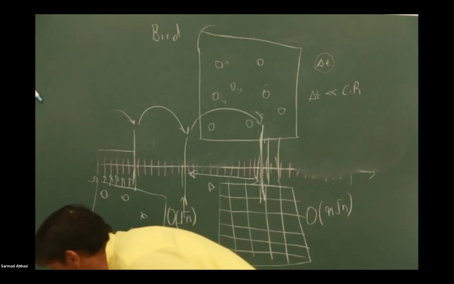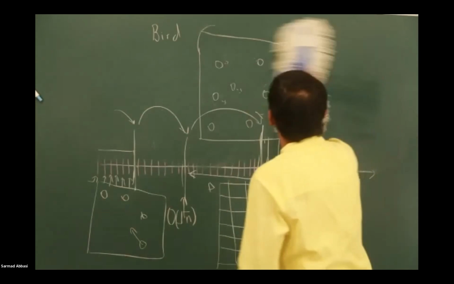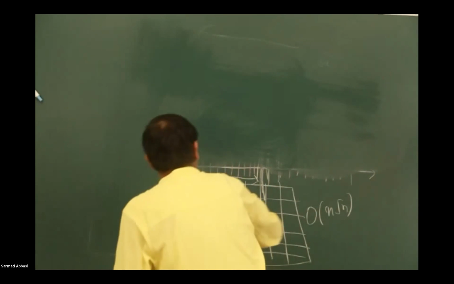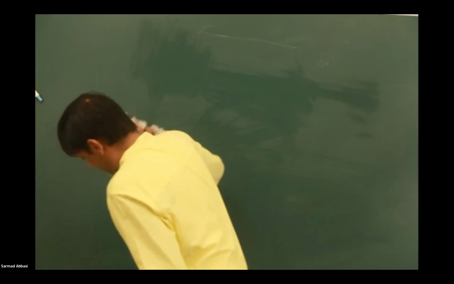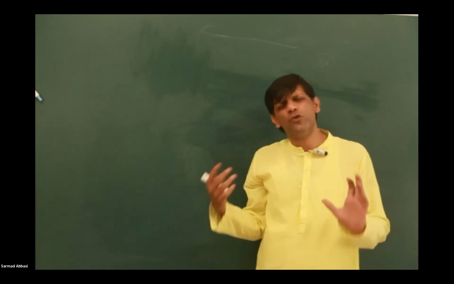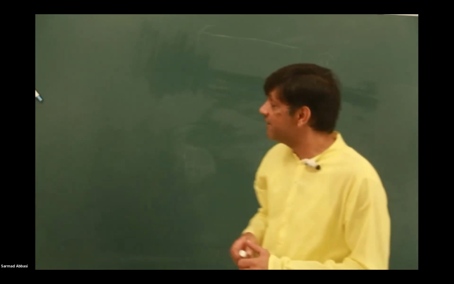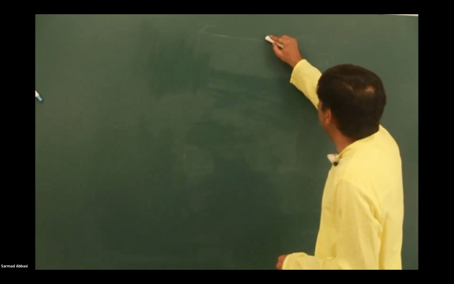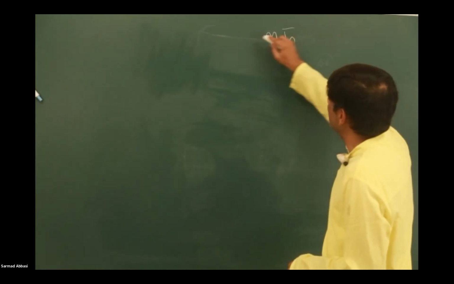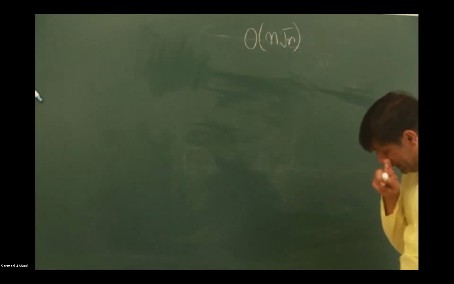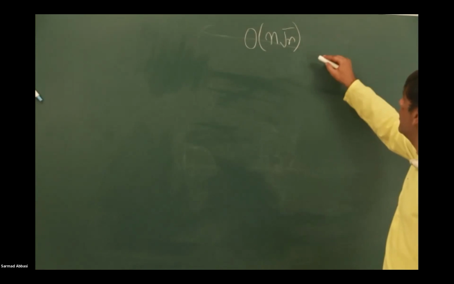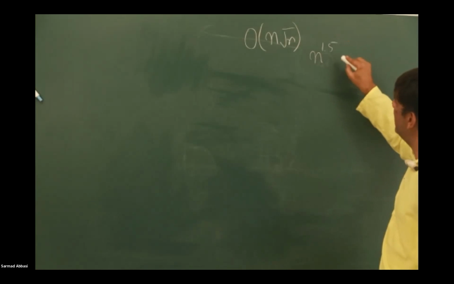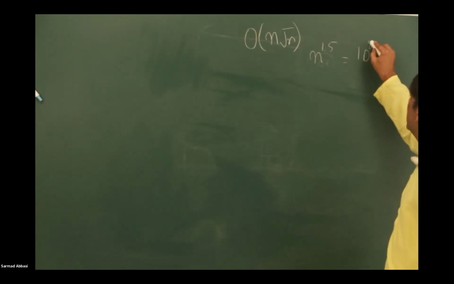Okay, let's get back to unused technology. When I use this matrix and use the fact that it is a sparse matrix, the memory requirement is n square root of n, roughly that many non-infinity entries. So this is n to the 1.5, and we want it to be 10 to the power 8.